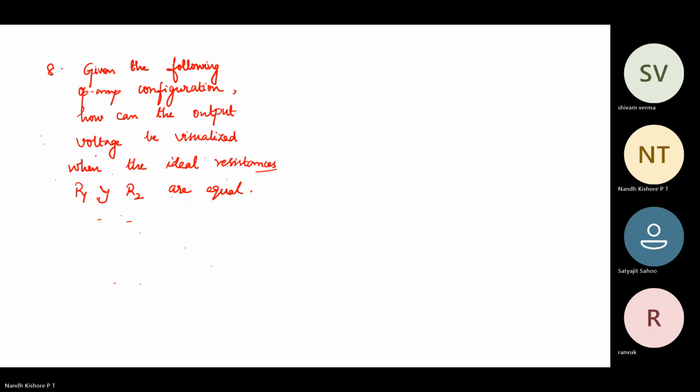So they have given you an op amp configuration, right?